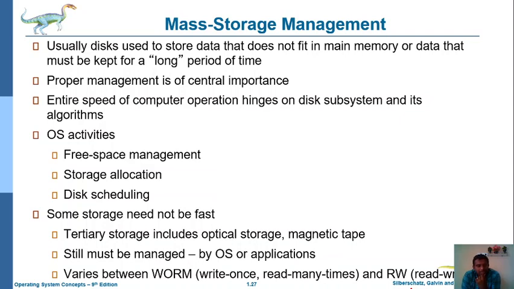And here whenever we are accessing the data, some storages may not provide such data access fast. For example, whenever we are using memory devices like magnetic tapes or optical storages, we can't store or retrieve such information fast.